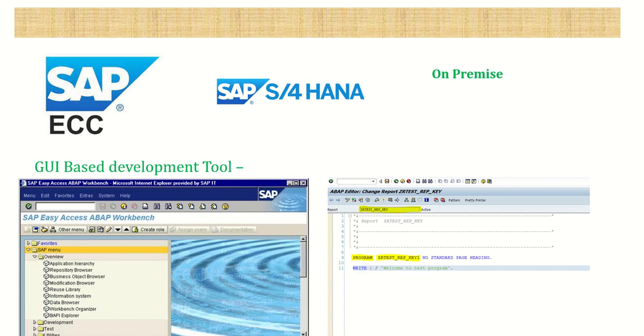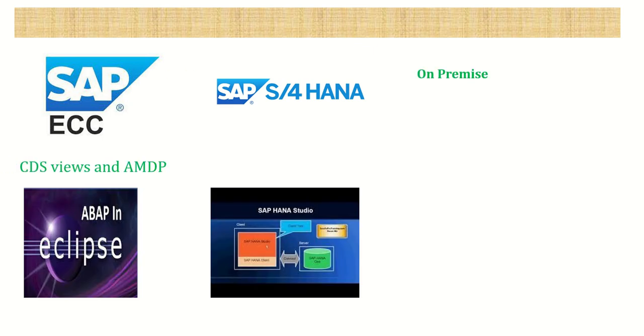And then after the release of ABAP 7.2 and then 7.4, 7.5 onwards, when SAP introduced CDS views and the AMDP classes, ABAP consultants started making use of ABAP in Eclipse or HANA Studio, because the CDS views and AMDP we cannot create through the GUI-based development tool.